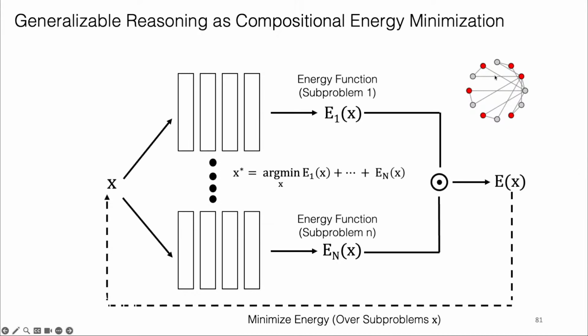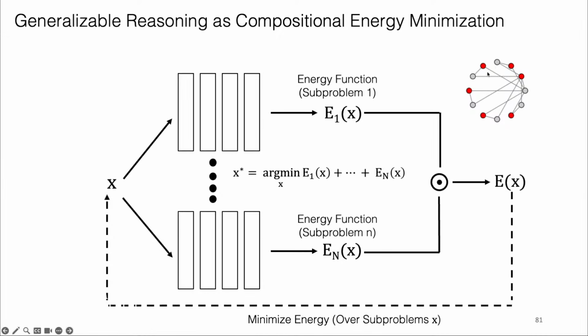Looking at the side again here. So let's say I want to do some type of coloring problem, and the goal of this coloring problem is I have this graph that's shown on the top right here, and my goal is that I want to color the nodes such that for every single edge, the two nodes in the edge have a different color. And if I want to solve this coloring problem, one way is actually to simply learn an energy function per edge.